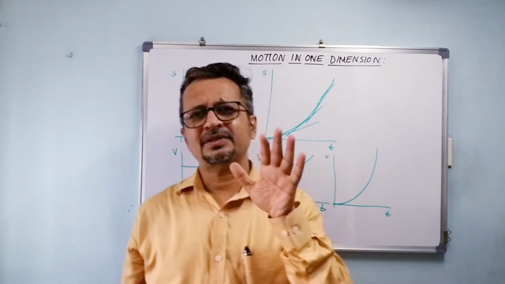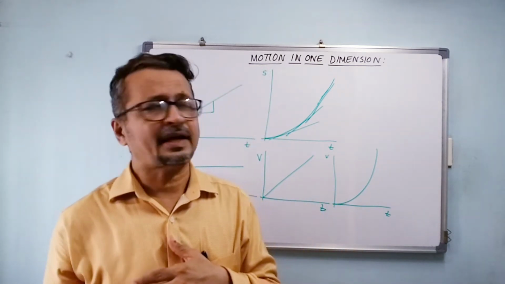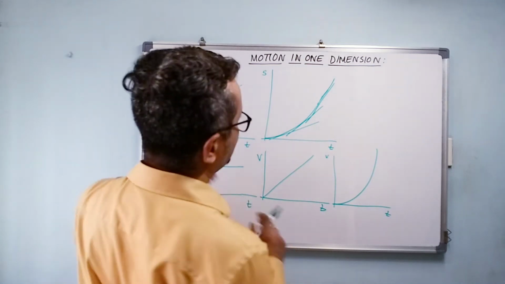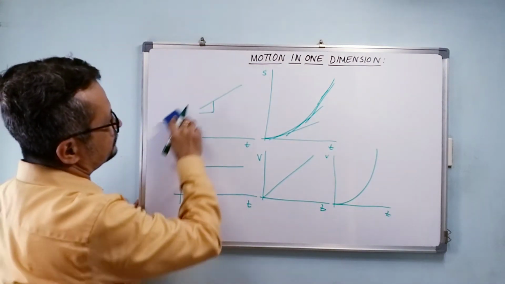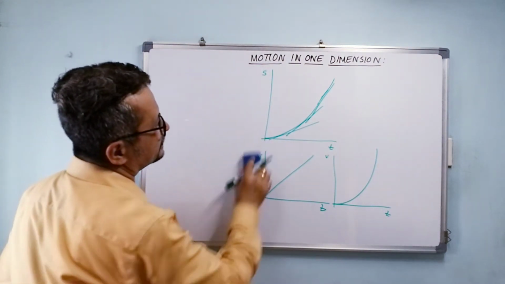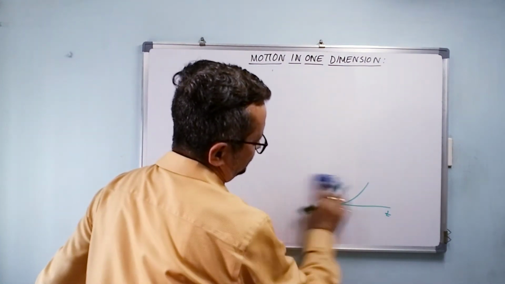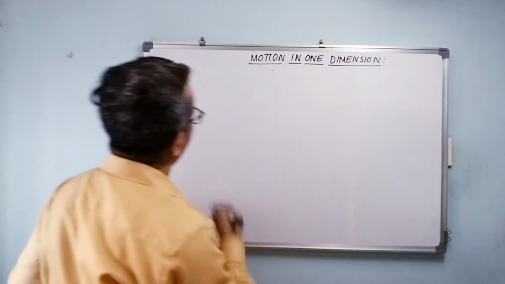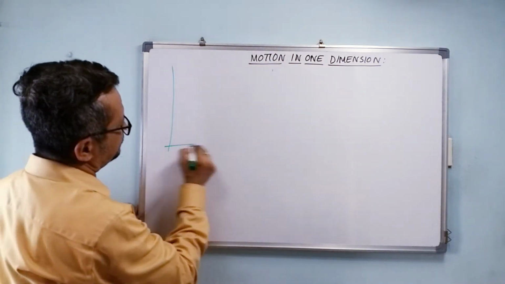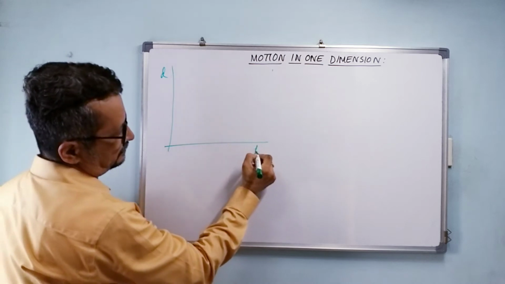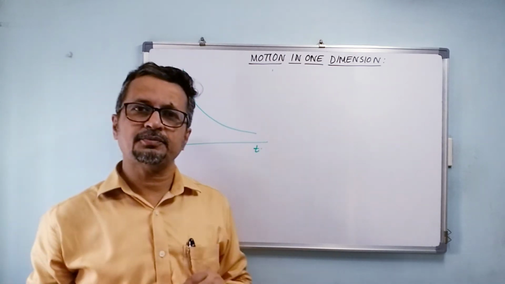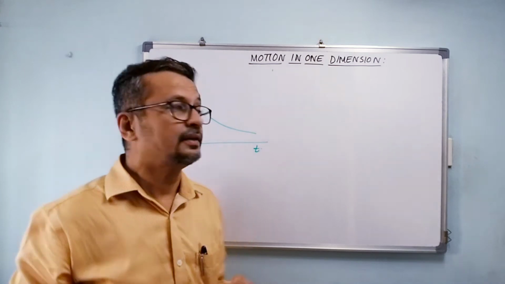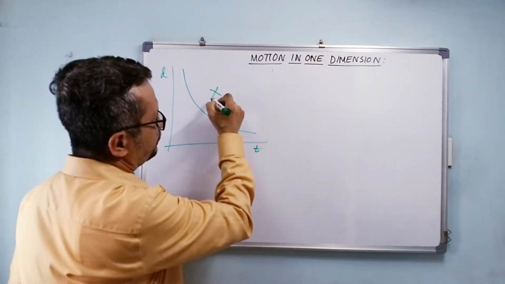Now, these are different types. But then can I have something like this, a graph for a distance time graph? Can I have something like this? Is it possible? This will not be possible.